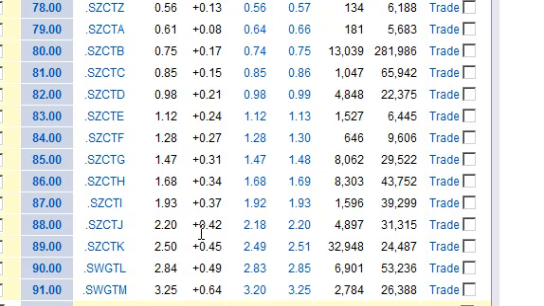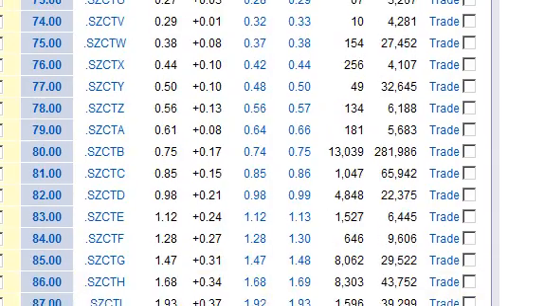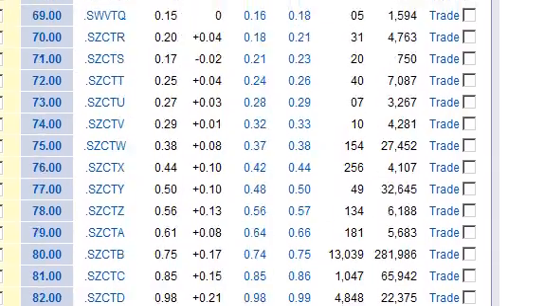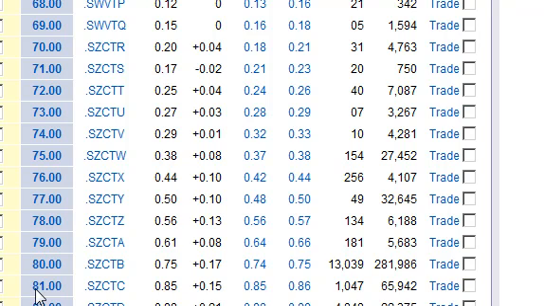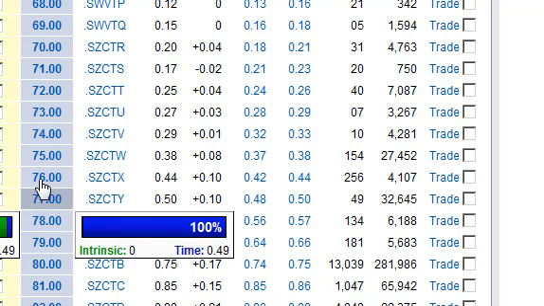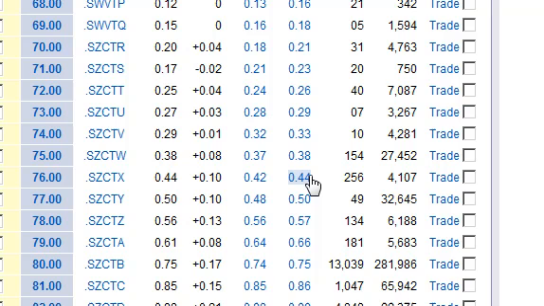Let's keep that to one side and move to another bull put spread. In this case, let's go down 10 points and look at an 81.76 bull put. An 81 short put brings in 85 cents, a 76 long put would cost 44 cents. So we're bringing in about 40 cents there, just over that.